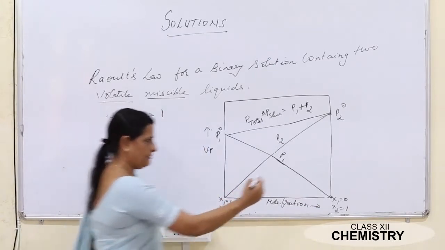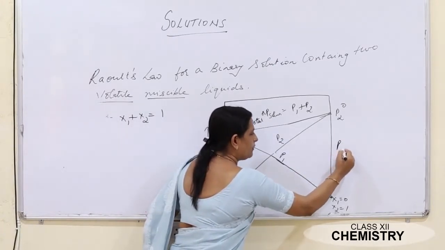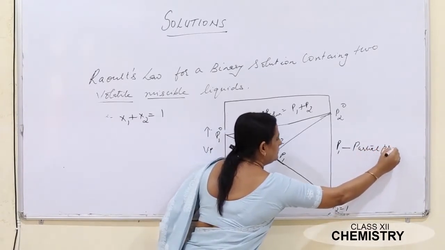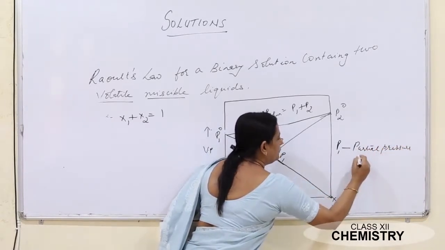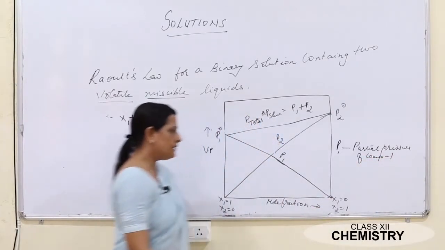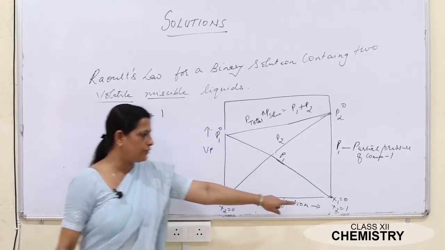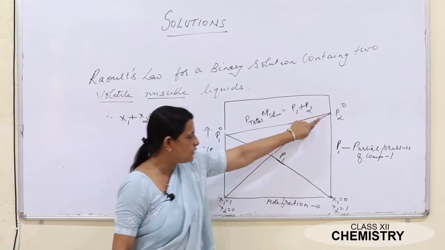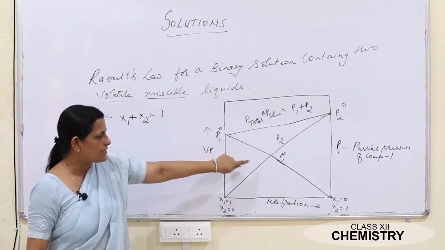So this P1, we can call it as partial pressure of component 1. Similarly, you see, when the mole fraction of component 2 is 1, its vapor pressure is also maximum. And when it comes towards the left side, what is happening to its vapor pressure?